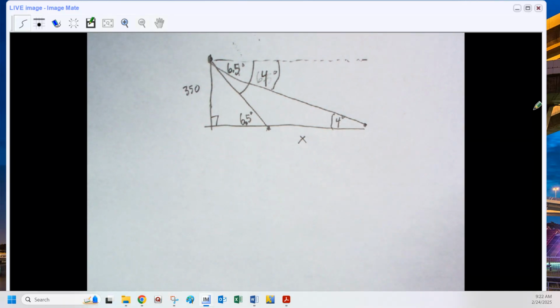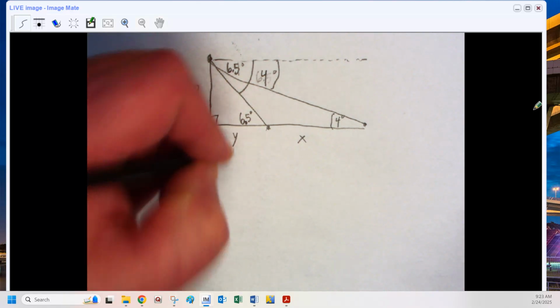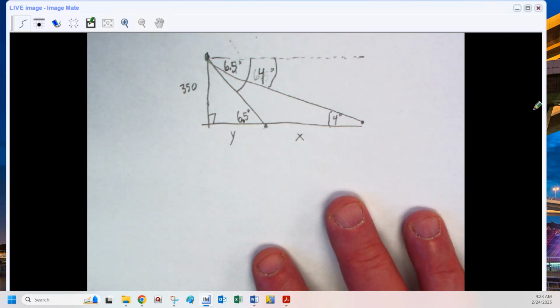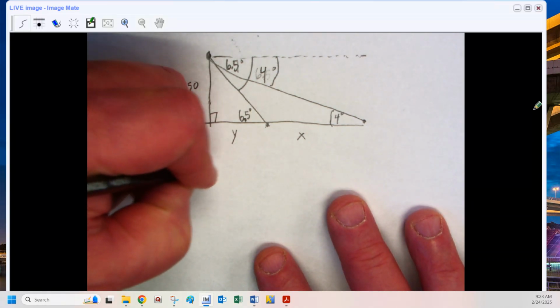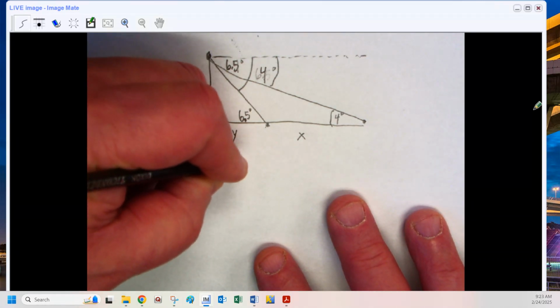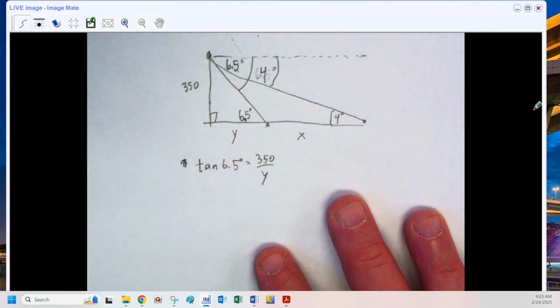There we go. Okay, so in order for us to do this, I think we should introduce a new variable to the problem. We'll say that one is y. We've had some problems like this before, and so we could say that the tangent of 6.5 is equal to 350 over y. Okay.